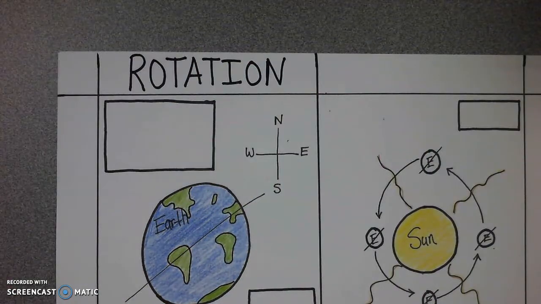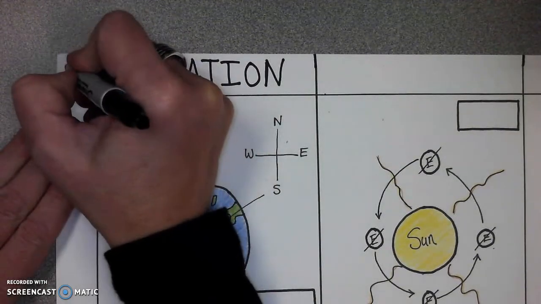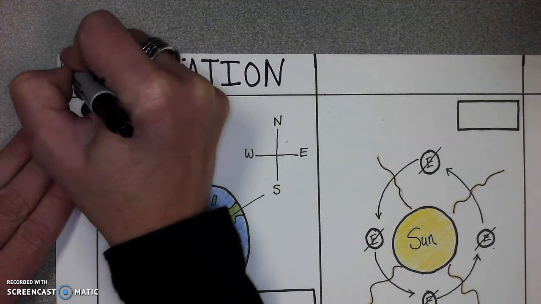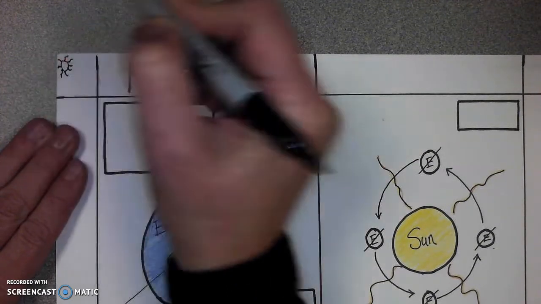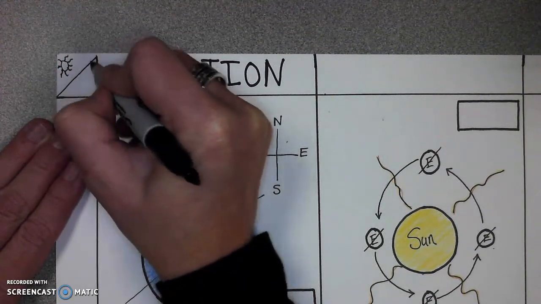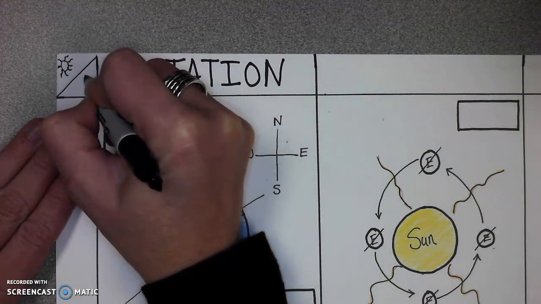All right, rotation. What I mean by that is this is how the Earth spins round and round to make us day and night. So we're going to have a little day and night action. You can make this as artistic as you want or as little as you want. I'm just going to draw a little sun over here, and then I'm also going to draw a little moon.